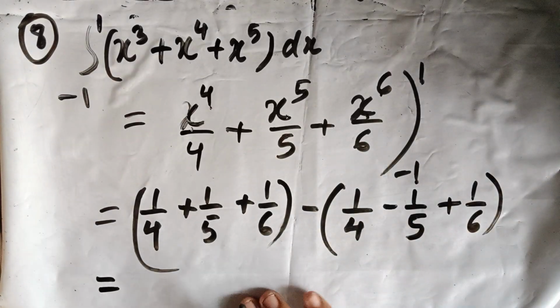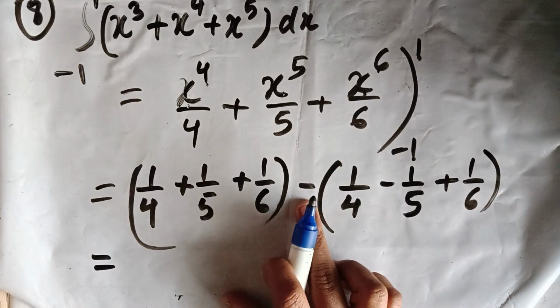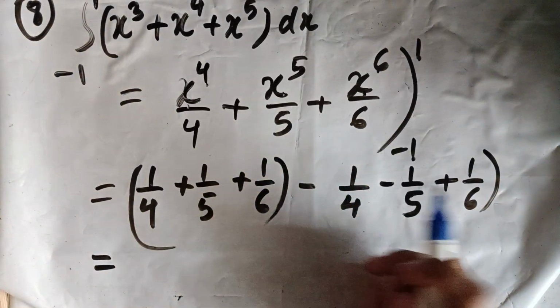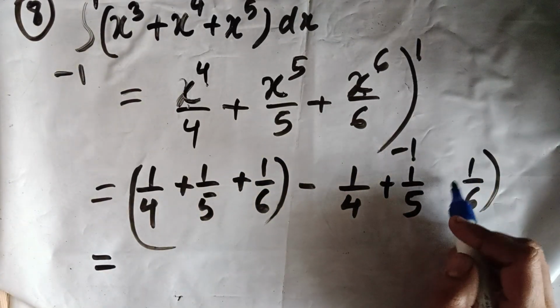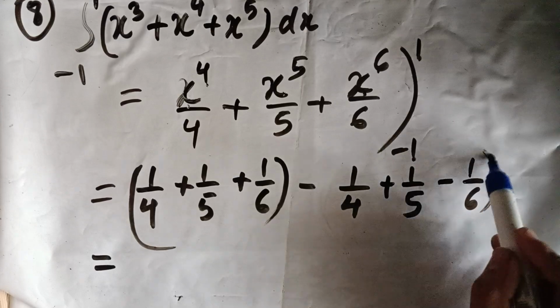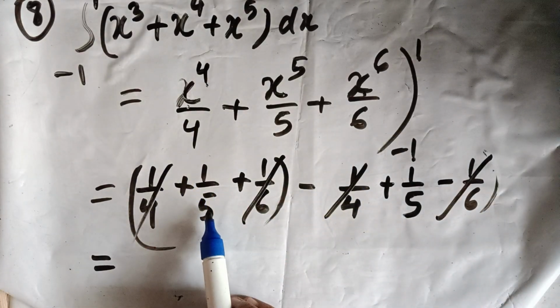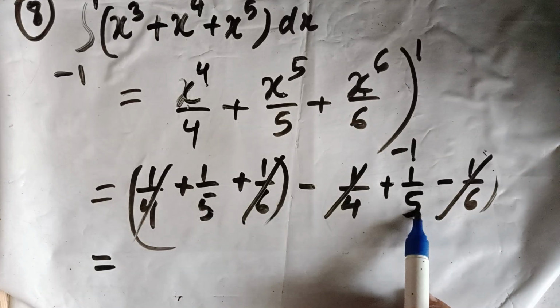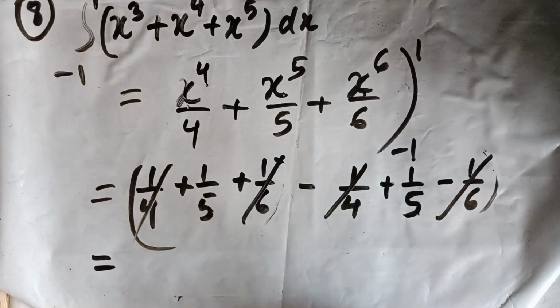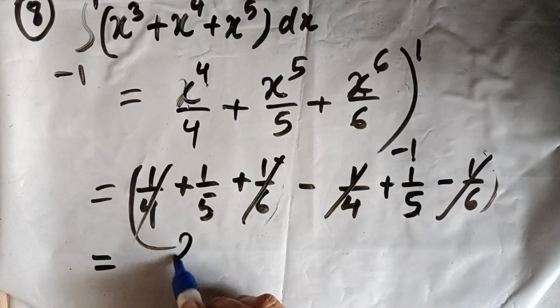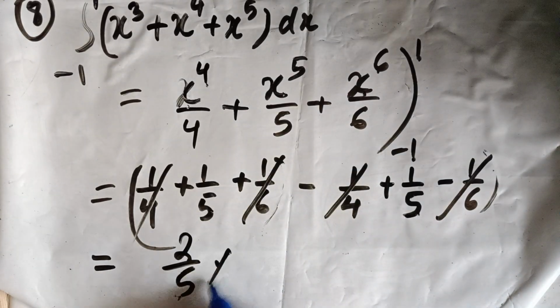Okay. So if I remove this minus sign, I'll get here positive, here negative. Okay. So this gets cancelled and you'll get 1 upon 5 plus 1 upon 5. Okay. So which is 2 upon 5. This is the answer.